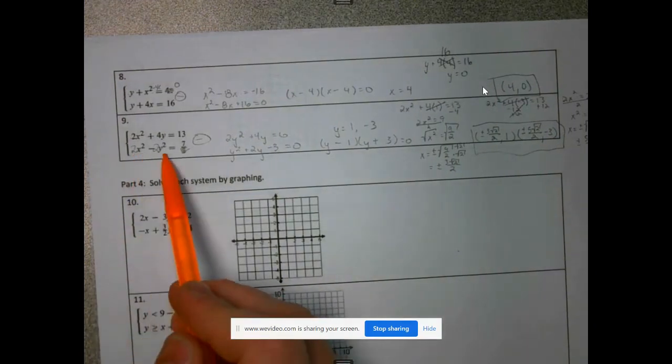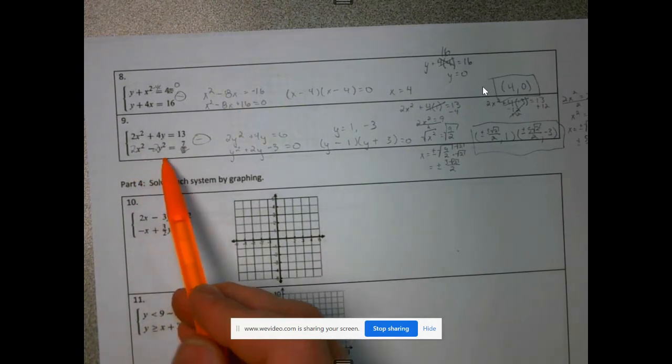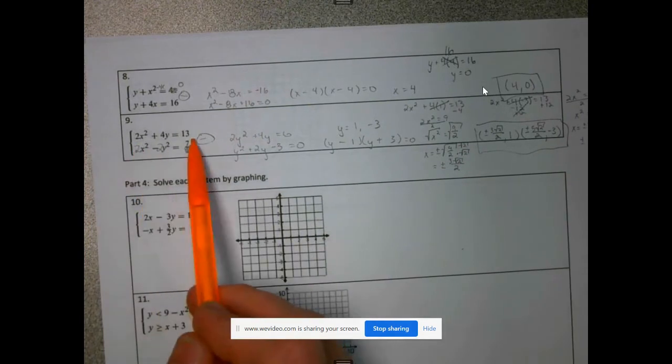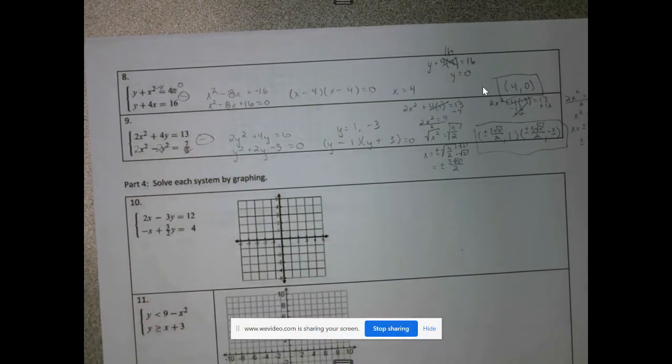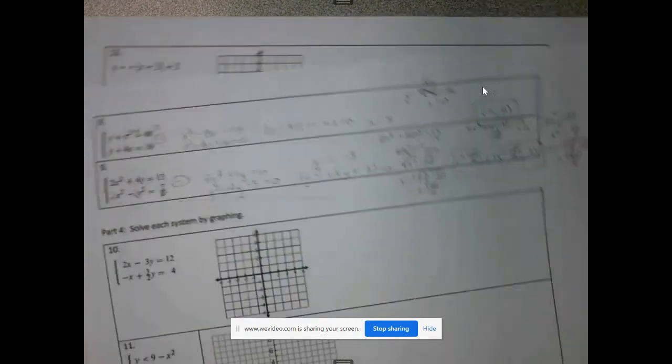And this one, we haven't talked about this equation yet. We will in the conic section, but this is a parabola and kind of a different equation there. I'm not going to tell you what it is yet, but we'll get to it in the conic section. All right, we're going to stop there for this video, and then we'll pick up the rest of the problems in the next video.